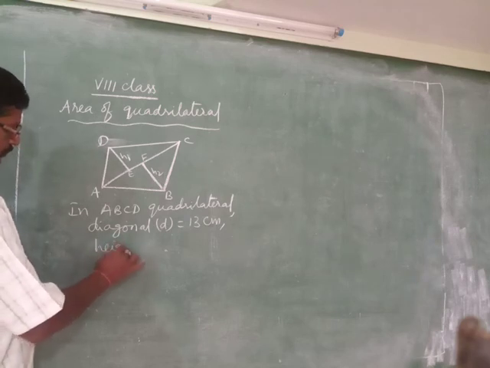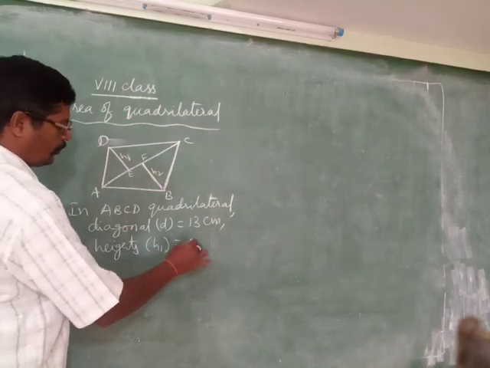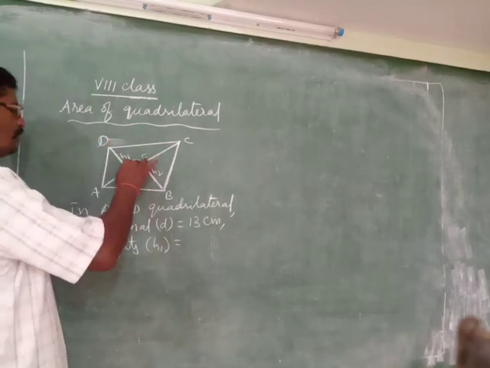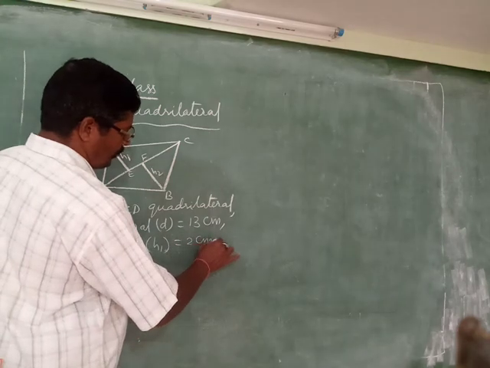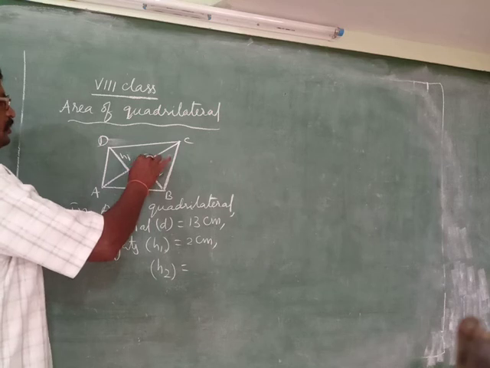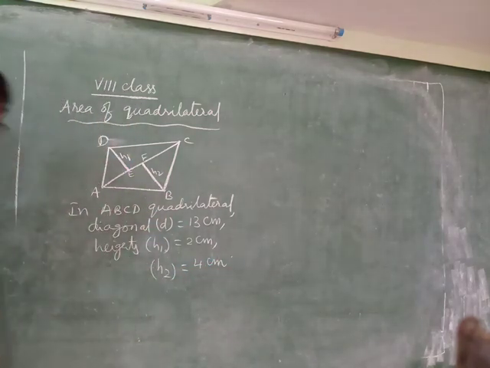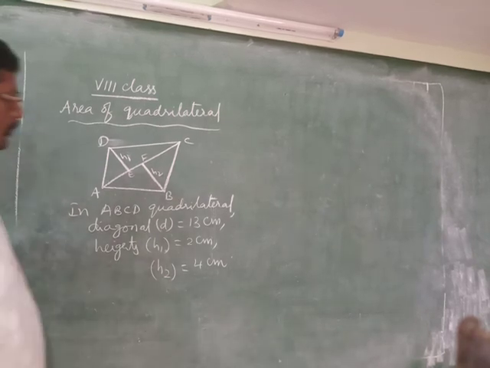Heights: H1 is equal to 2 centimeters. H2 is equal to 4 centimeters. Now, area of the quadrilateral.